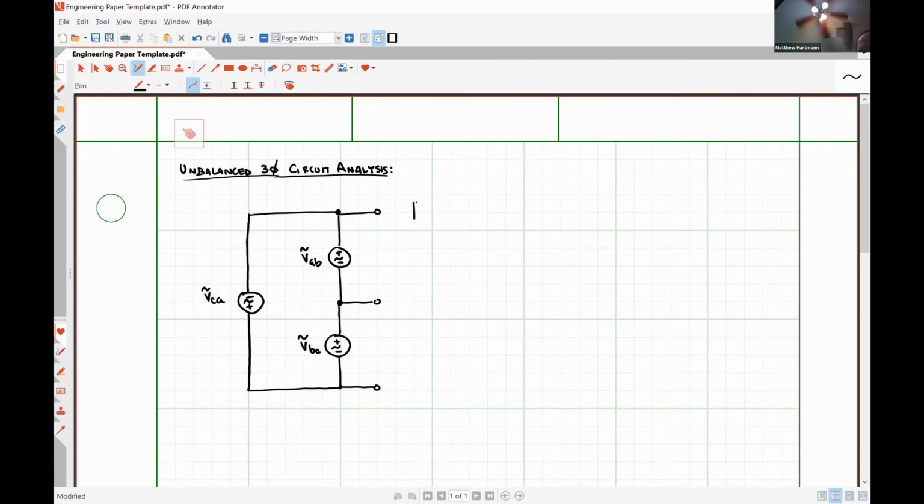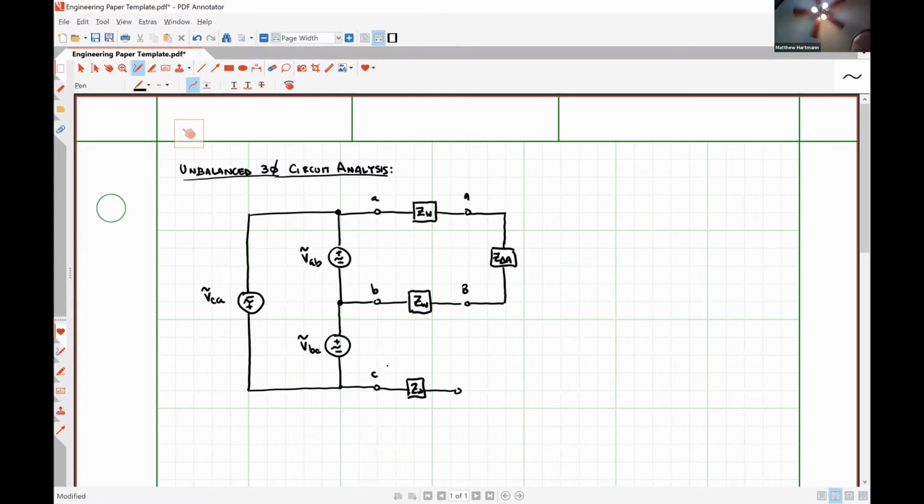We're going to have some transmission lines here, which I will call Z wire, connecting us to our load. And lastly, we are going to have a delta connected load. And this delta connected load is going to be unbalanced. So I'm going to call this guy Z delta A. This guy here, Z delta B. And lastly, up here, we will have Z delta C.